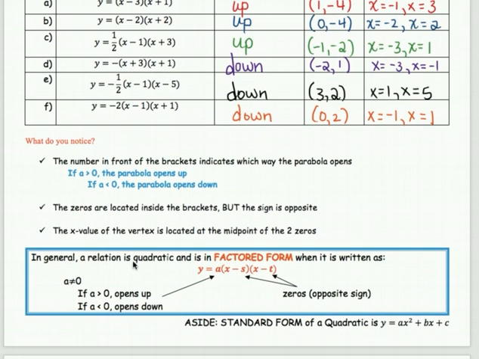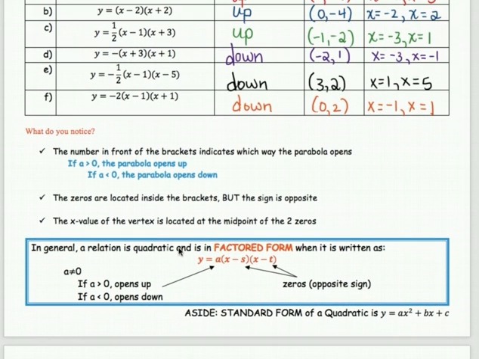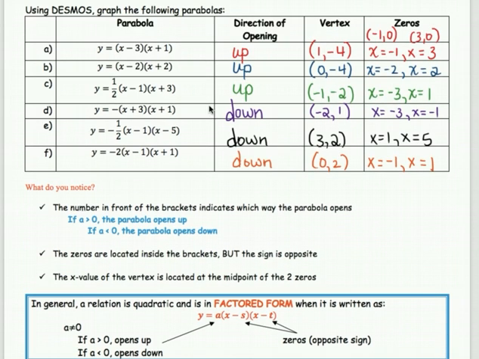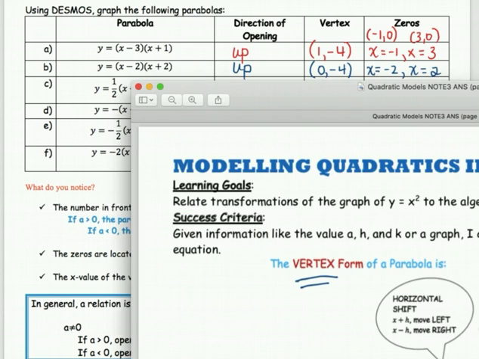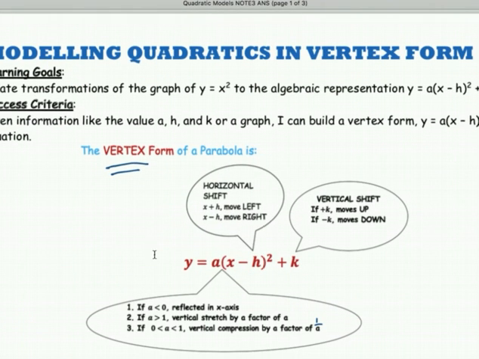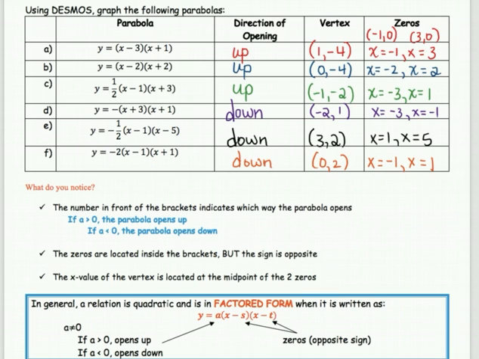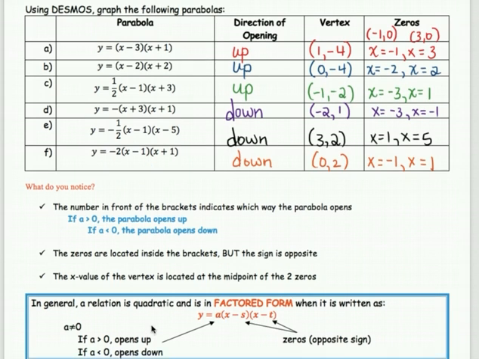All right, so now we can get to our new form here. All of these equations are in factored form. Again, you remember seeing our vertex form, you know everything about it, how to find the vertex, the a value, all that stuff. But now we're moving on to a new one where it looks like this.